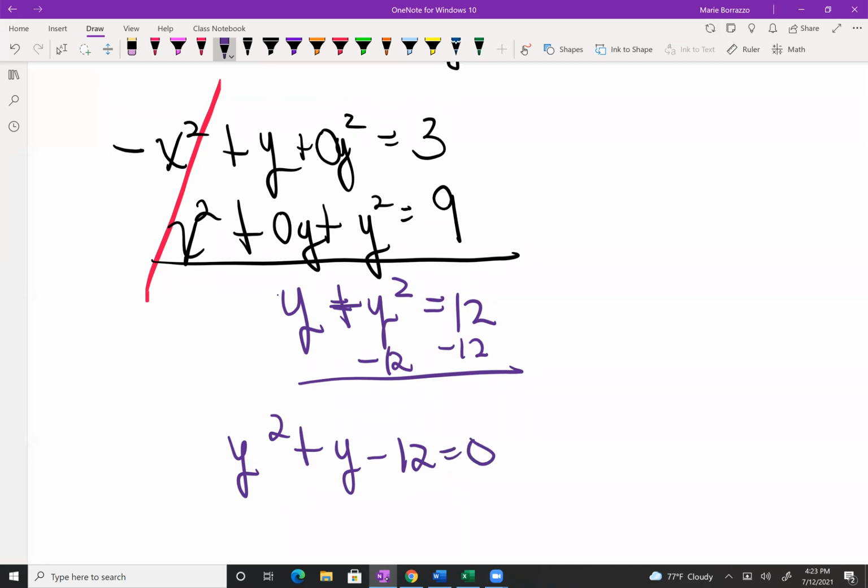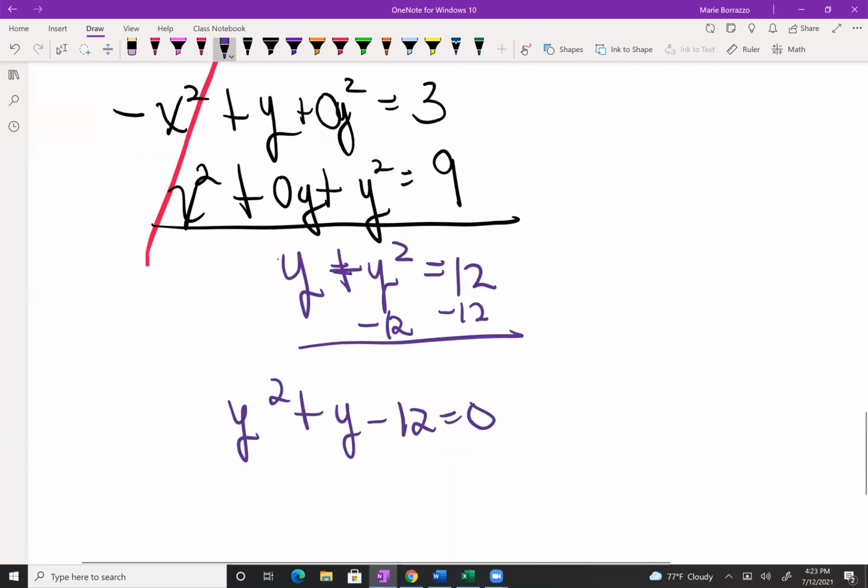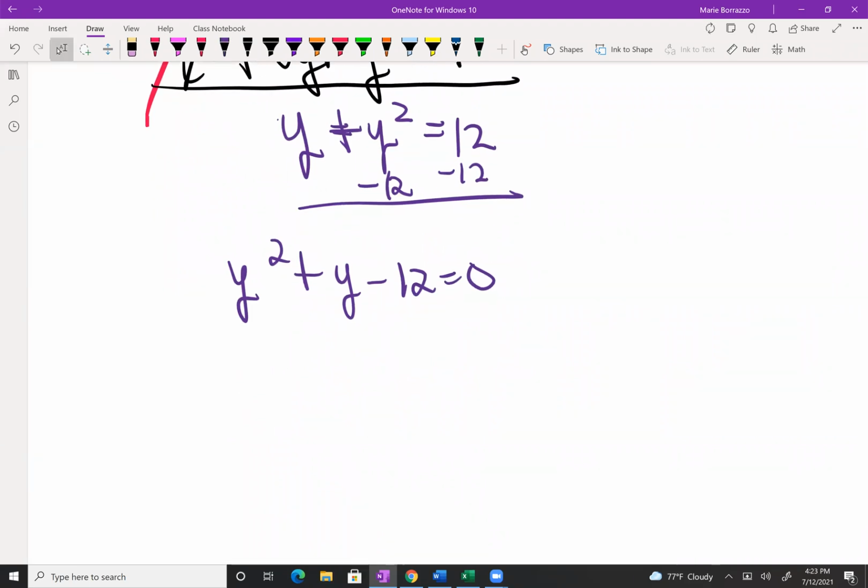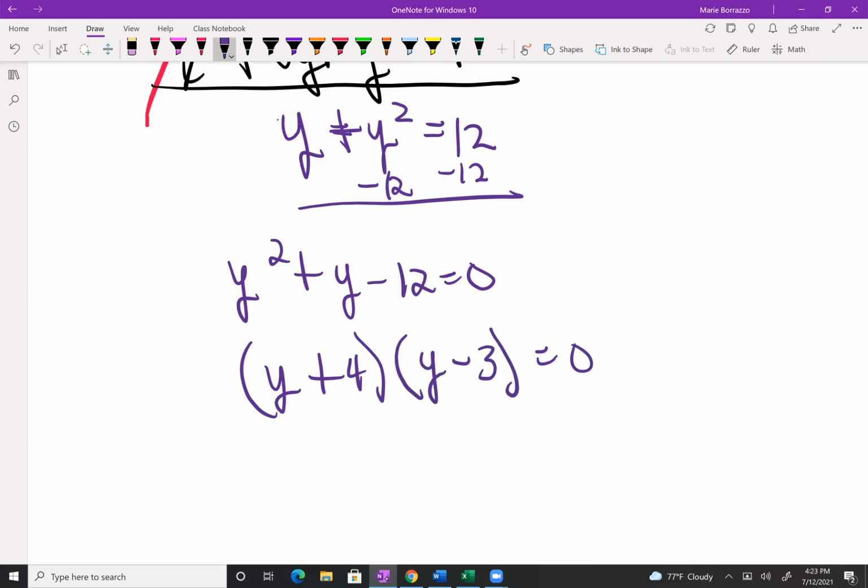And now we factor. Obviously the factors are 3 and 4. So this becomes y plus 4 times y minus 3 equals 0. This leaves me a solution of y equal to -4 and another solution of y equal to +3.